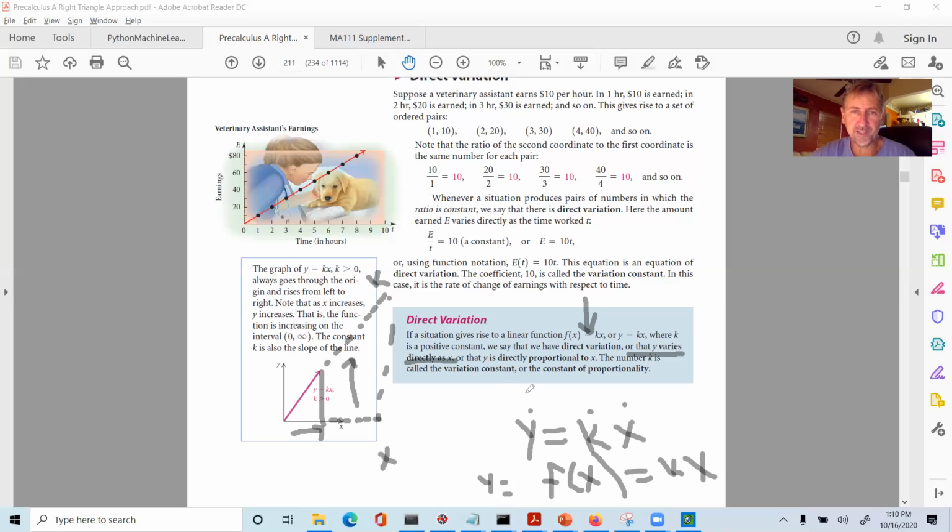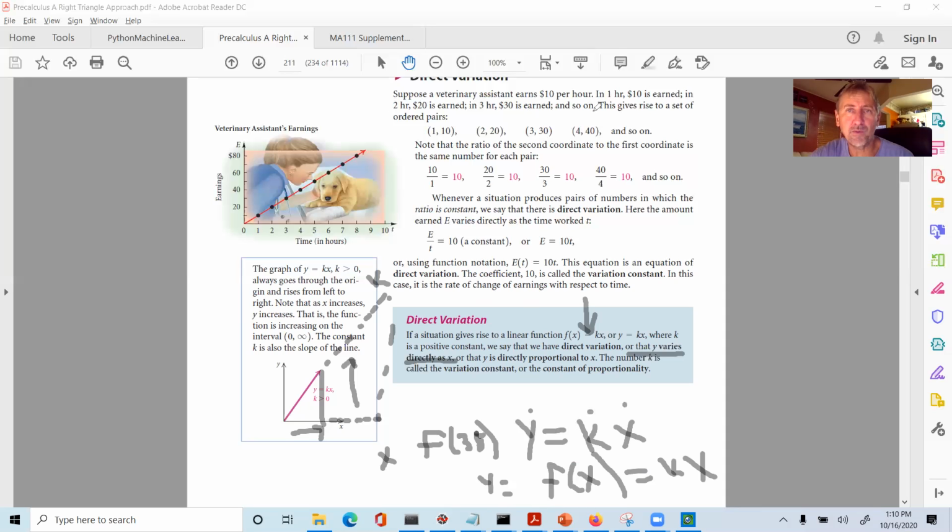Okay, so in this case, let's say this is f of x with x equal to 35. So that's evaluating that function for x equal to 35, so k times 35. All right, so that's direct variation.